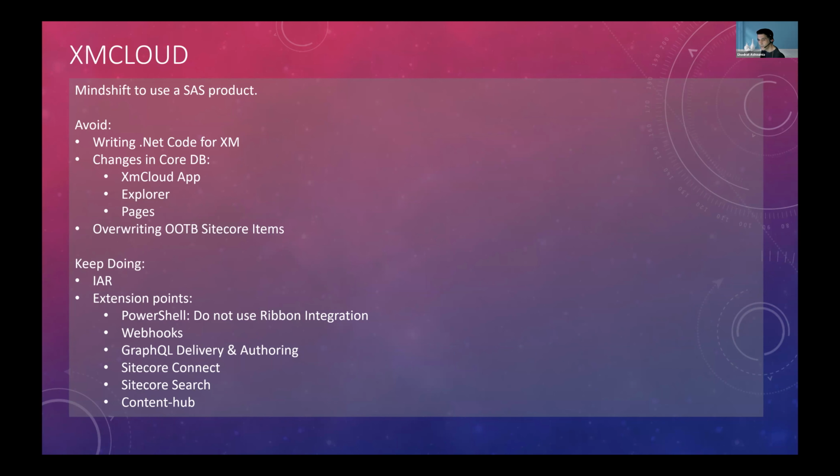Every time the latest image tag, which includes all of the hot fixes or the new features, will be included in your release. And that may break your functionality, your custom code, or in the worst case, your custom code can affect that product. So yeah, we need to have this mindset, not only for the xmCloud.